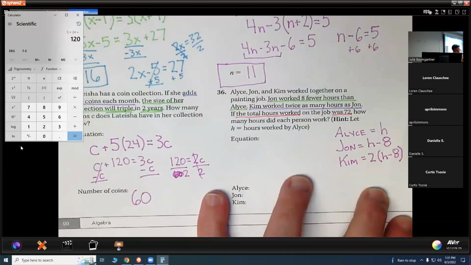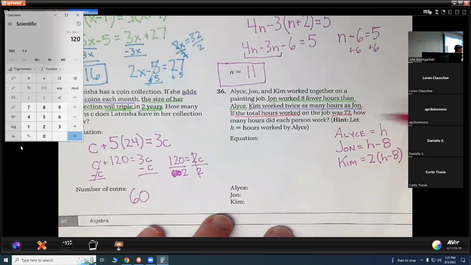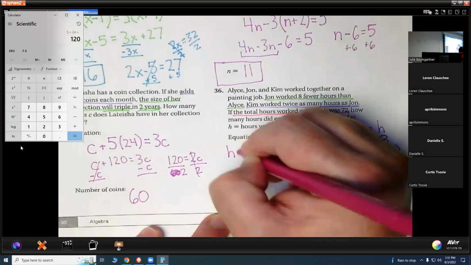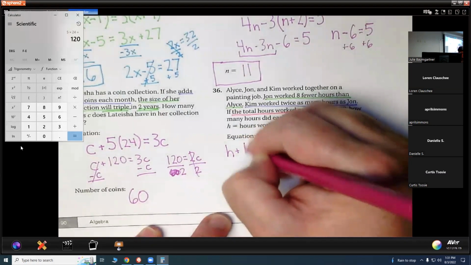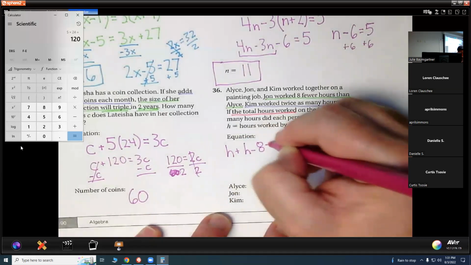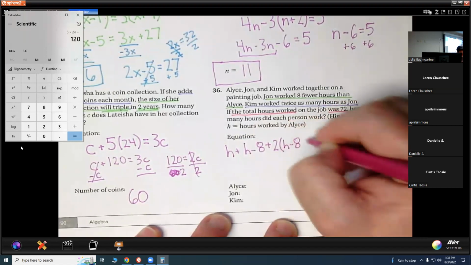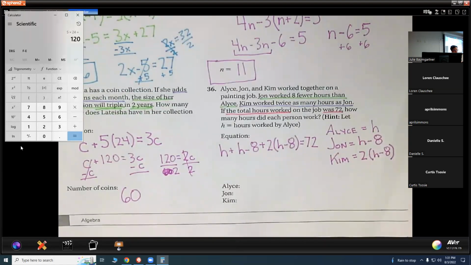Right, and then the total was 72, so we have H plus H minus 8 plus 2 times the quantity H minus 8 equals 72. Does that sound okay? So what's our first step in solving this equation?